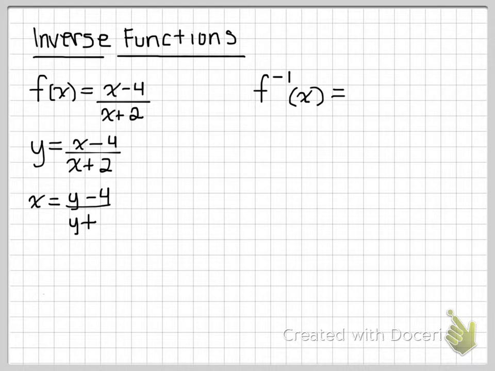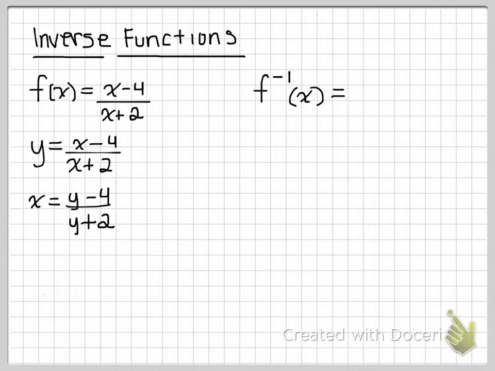And on some level, this is the meaning of inverse, it's switching x and y. And when we look at things conceptually with a graph and with some numbers, you'll understand what I mean by that. Now, from here, we are going to solve for y.